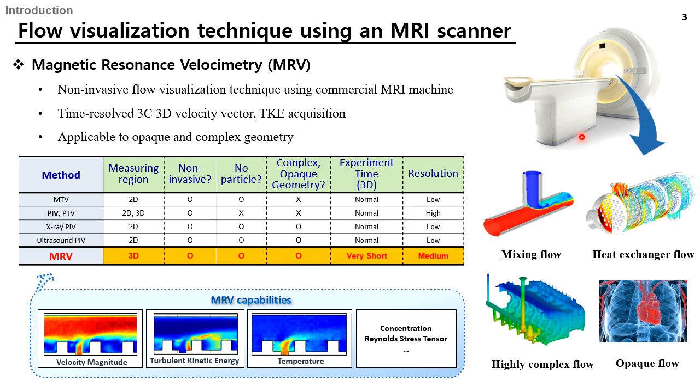Because MRV uses magnetic field signals for measurement, it is suitable for complex and opaque flow environments. And MRV allows measurements to be completed in a short time. Furthermore, MRV can measure a wide range of characteristics, including velocity, decay, temperature, concentration, and Reynolds stress tensor.